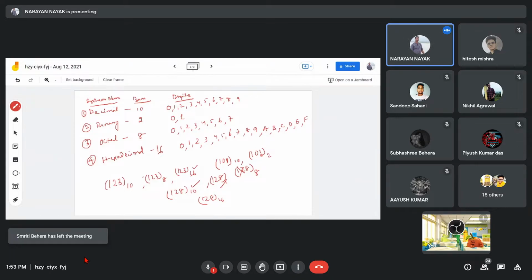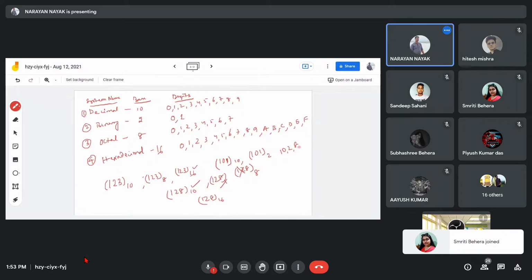You can also represent it as base 8, because 101 is within 0 to 7. Hexadecimal means everything will work. So you can use 10, 2, 8, and 16. A decimal number you can convert to hexadecimal, octal, and binary.